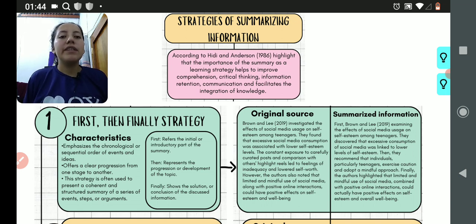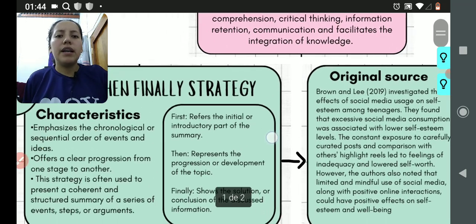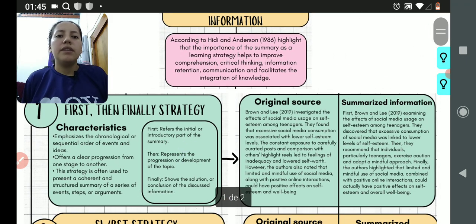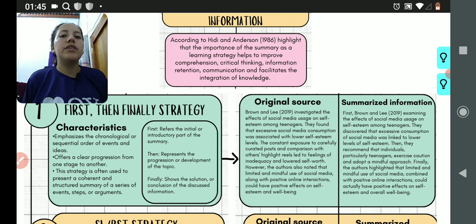There are different strategies that can help us to summarize different kinds of text. The first one is the first, then, finally strategy. This strategy has different characteristics, such as emphasizing the chronological or sequential order of events and ideas, and offering a clear progression from one stage to another.